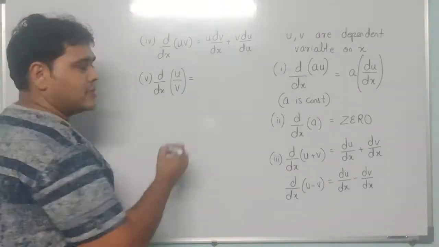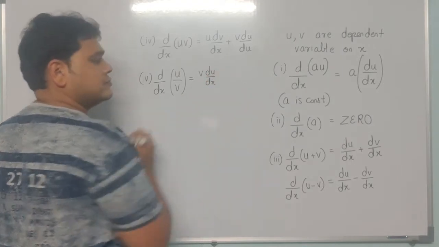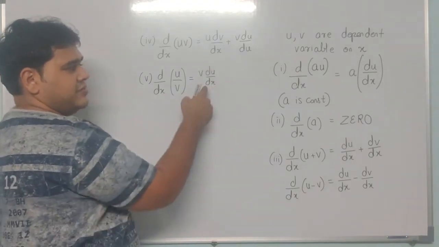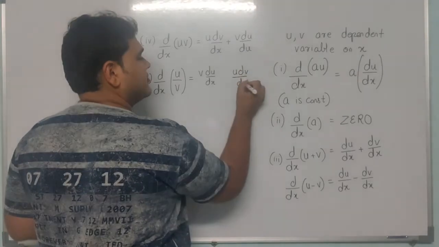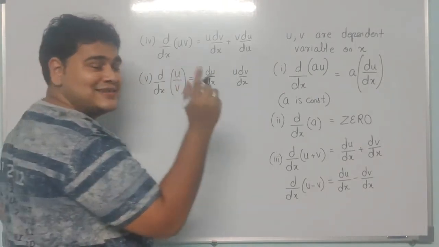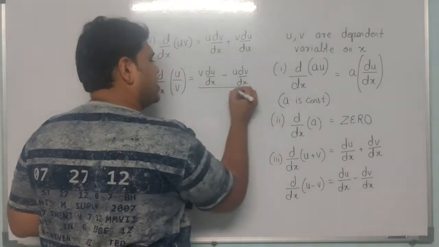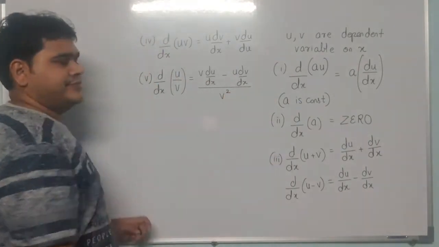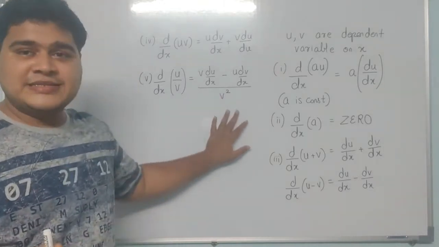It is v derivative of u, same thing, u derivative of v, same thing, but there is a minus sign, and in the denominator we have v square.